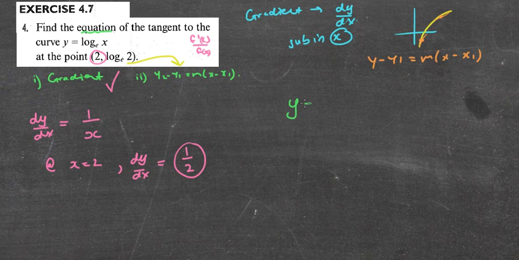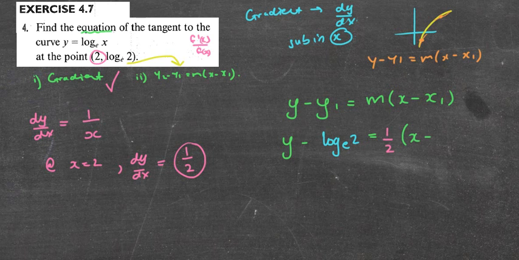So y minus y1 equals m times x minus x1. My y1 value in this case is log e2. So y minus, I'll put this in a different color, log e2, or ln2, equals my gradient, which is what I did in purple, so 1 over 2, times x minus, and now my x coordinate, which we know is 2, and there we have it.